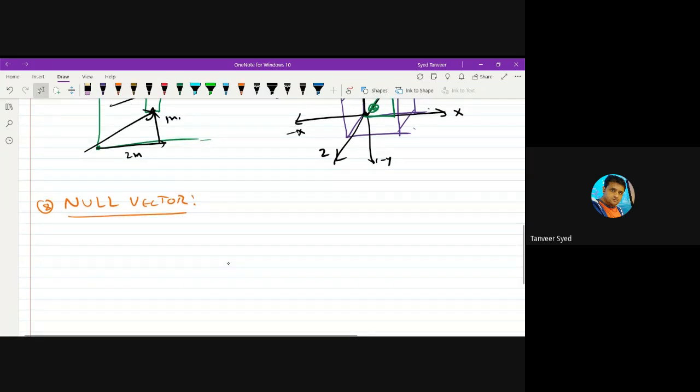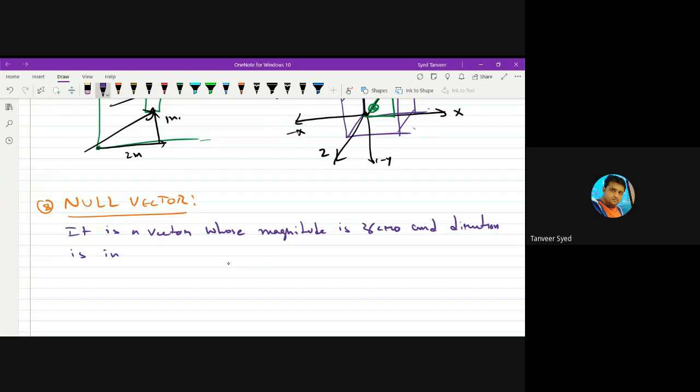A null vector is a vector whose magnitude is 0 and its direction is indeterminate.